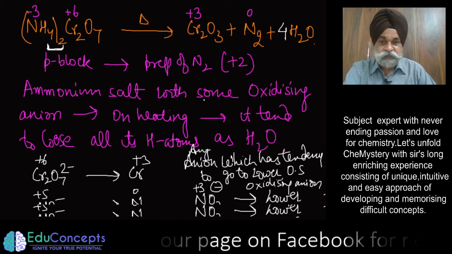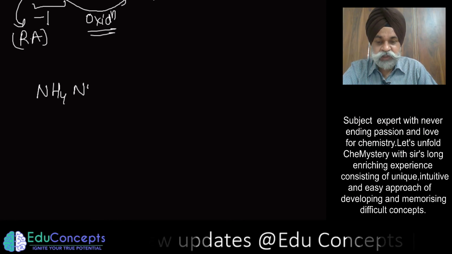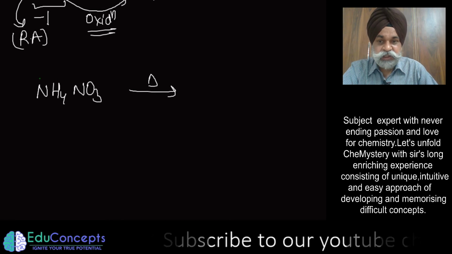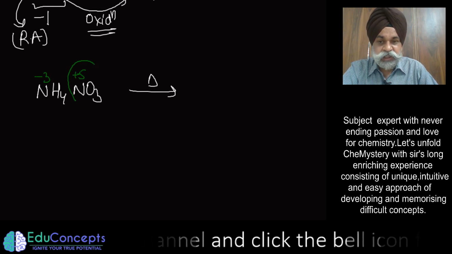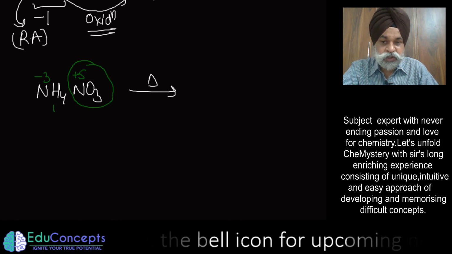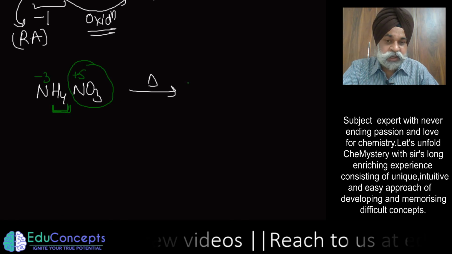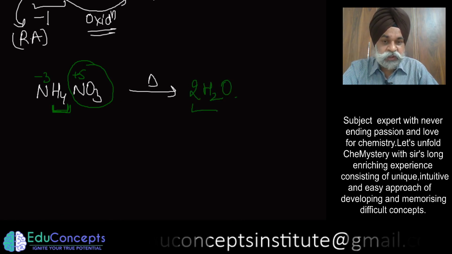Similarly, if I want to see this particular reaction, let's say ammonium nitrate, if you want to heat it, here also you could see this is in -3, this is in +5. So this again is an oxidizing anion. All those hydrogen atoms in this compound could come out as water. So I should write 2 moles of water because hydrogens are 4.